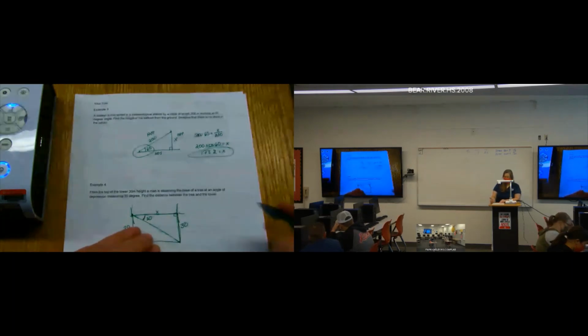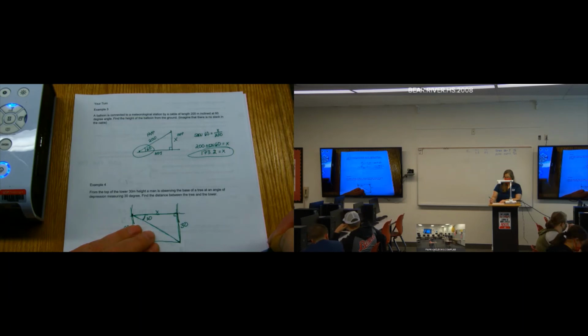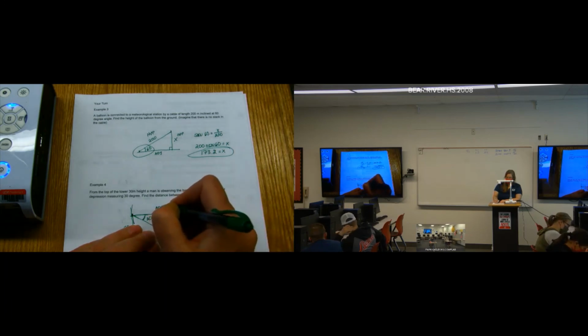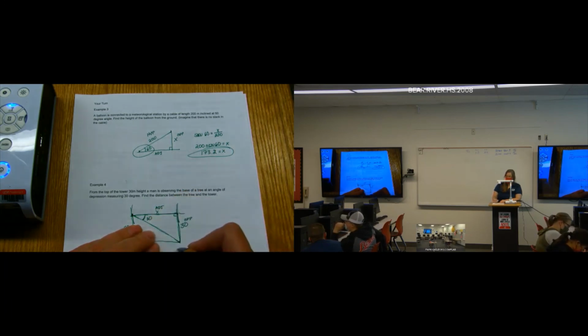Okay, so what do I got? Which one am I using? Hold on. It's opposite and adjacent. Opposite and adjacent. Which is? TOA, tangent of 30.